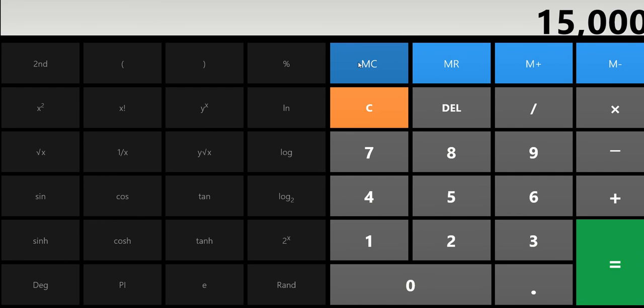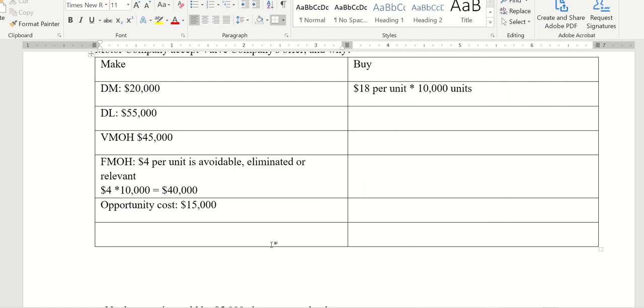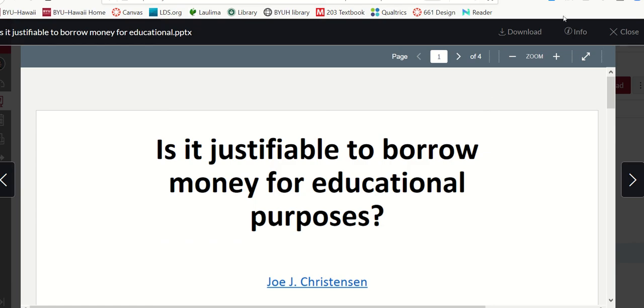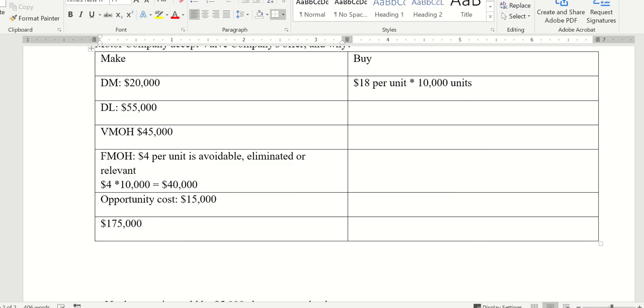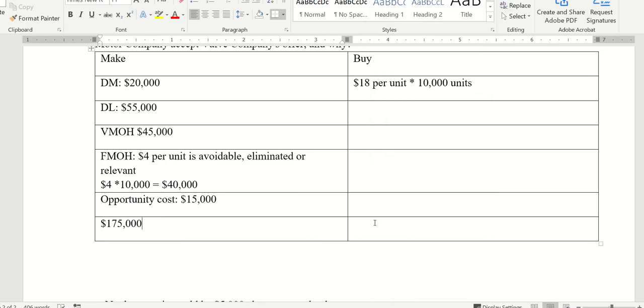Okay, let me just double check that I got those numbers. 20,000, 55, 45, 40,000 plus 15,000 equals 175,000 on the make side, and the buy side is 18 times 10,000, 180,000.